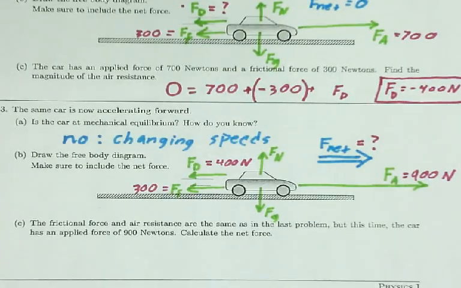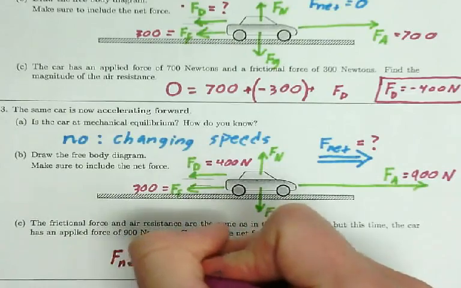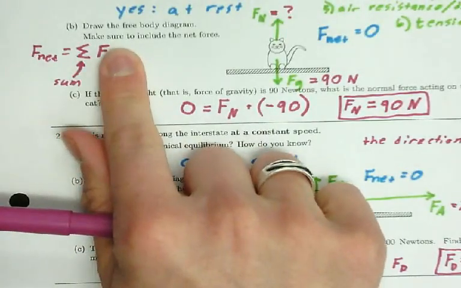Why am I adding them up? Good. What am I solving for? Yes, and that's how you find the net force. So I want to make sure you understand why you're adding them. You're adding them because you're trying to find the net force, and the equation for net force is the sum of all the forces.